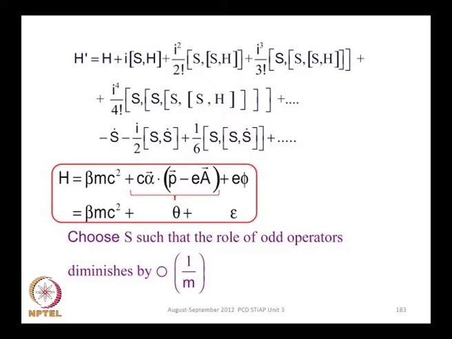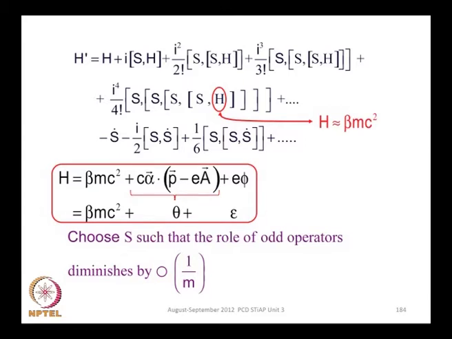And our first goal is to look for such a transformation which will reduce the odd operators at least by a factor of 1 over m. Okay? m is a huge mass, it is 500,000 electron volts. So that is the motivation, that is how we look for this transformation operator.